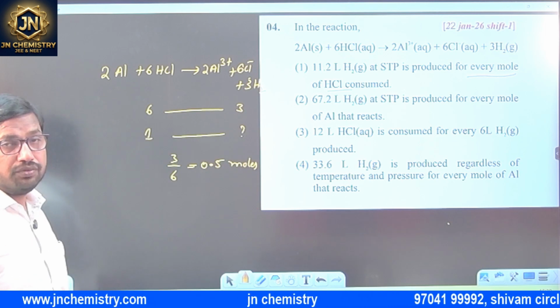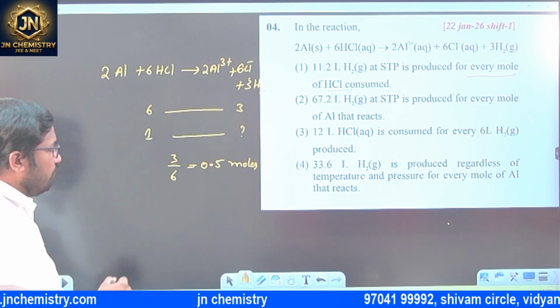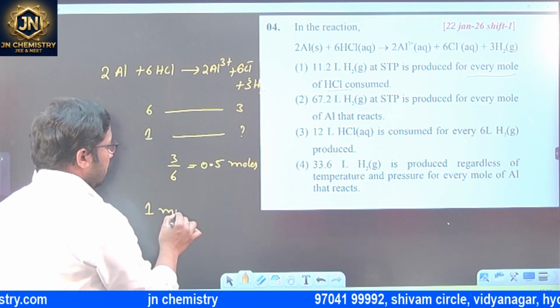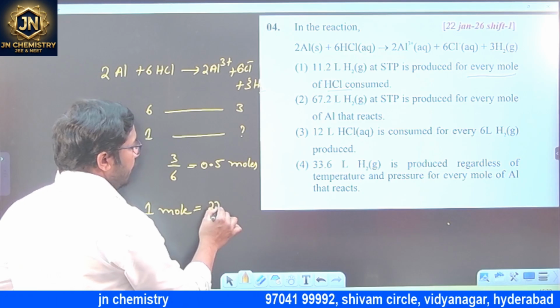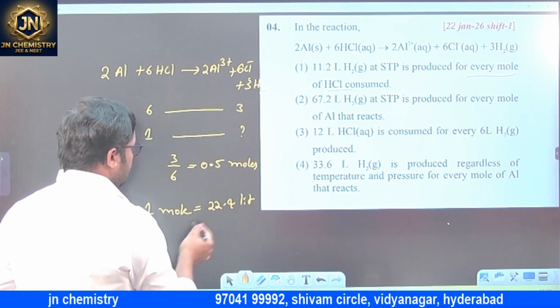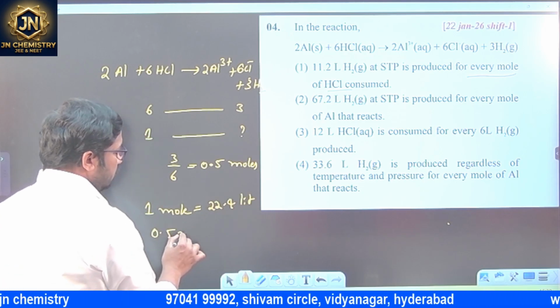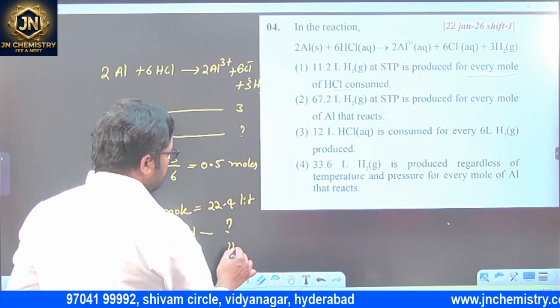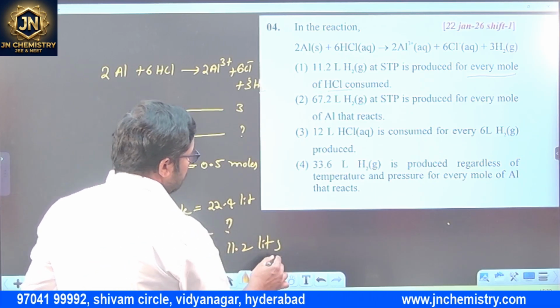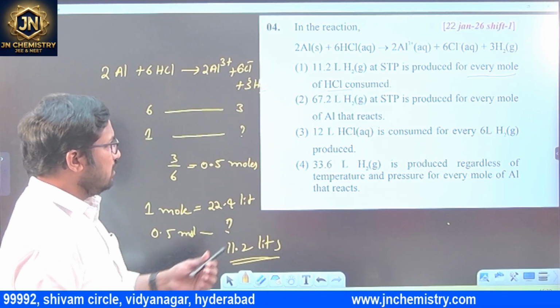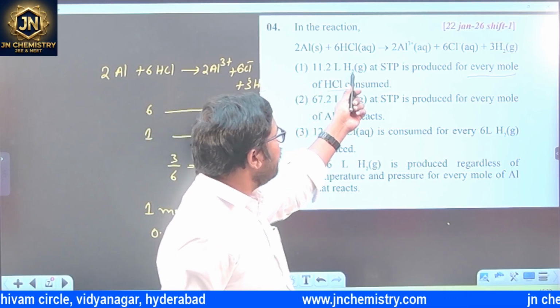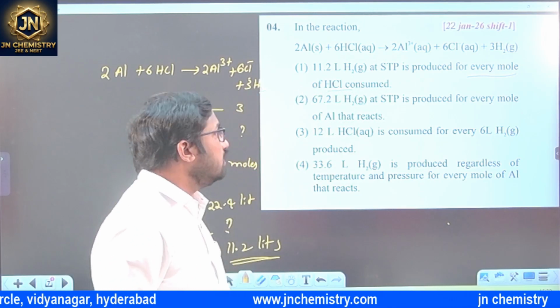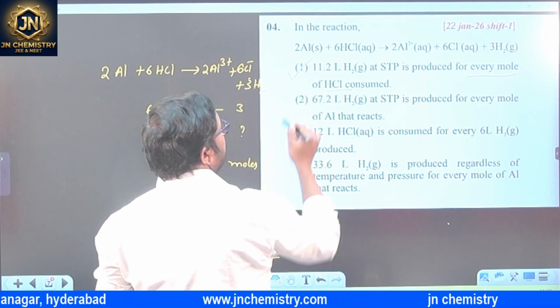We know at STP, 1 mole is equal to 22.4 liters. 0.5 moles, how many liters? Obviously 11.2 liters of hydrogen at STP is produced. Option 1 is the correct one.